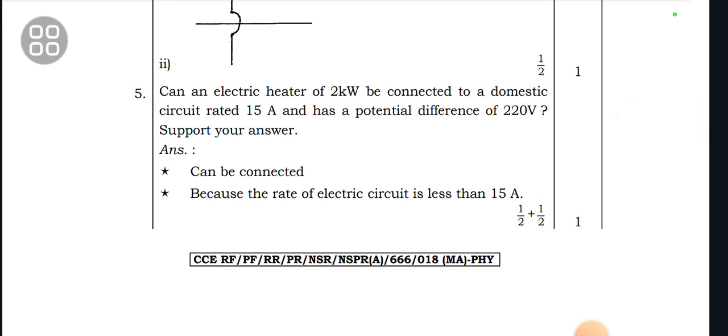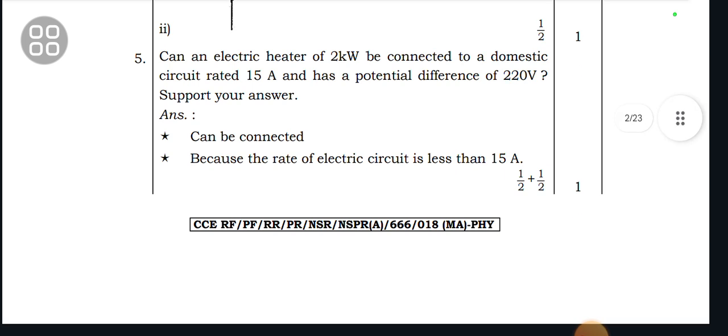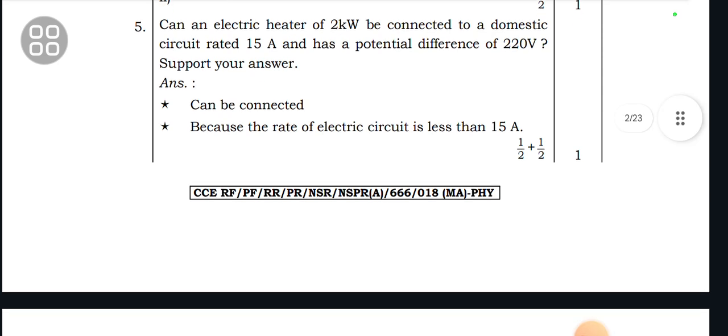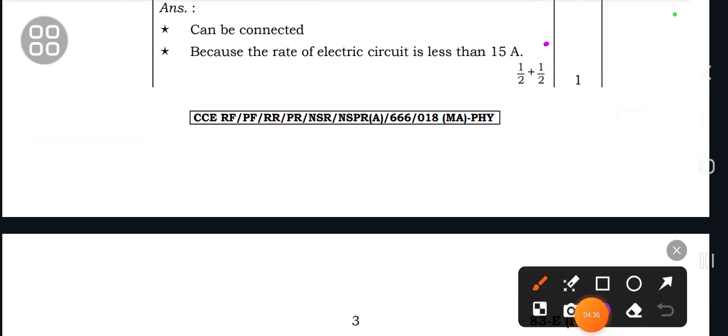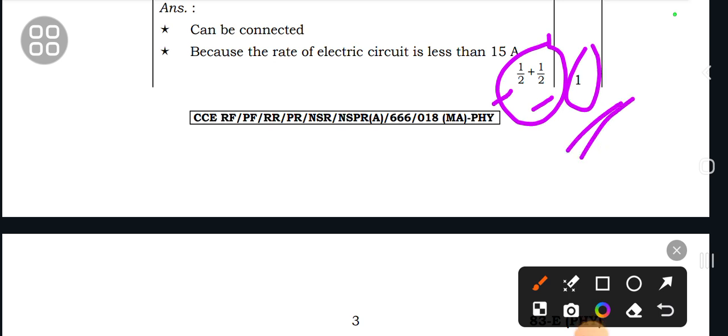Can an electric heater of 2 kilowatt be connected to a domestic circuit rated 15 amp, which has a potential difference of 220 volts? Support your answer. Here they have given a statement and asked us to support the answer, meaning provide the reason. Each point is for half a mark, so you should write your answer point-wise. First half point, second half point equals 1 mark.